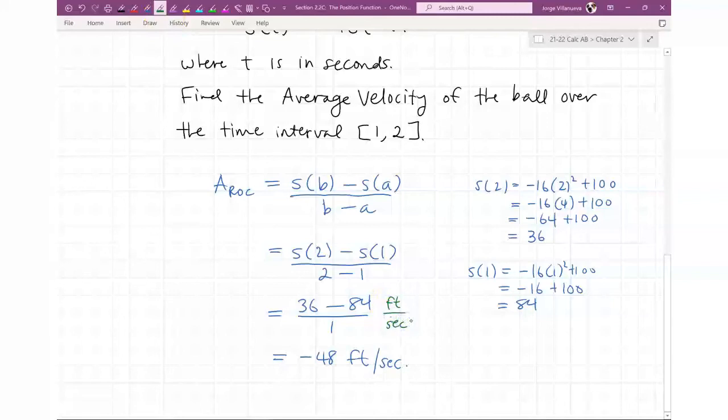Now, it makes sense that this answer is negative. Why does it make sense that the answer is negative? Because the ball is falling, right? If I would have thrown the ball up, then the velocity would have been positive. Okay? If I would have thrown the ball to the right, the velocity would have been positive. Okay? If I throw it left, it'd be negative.